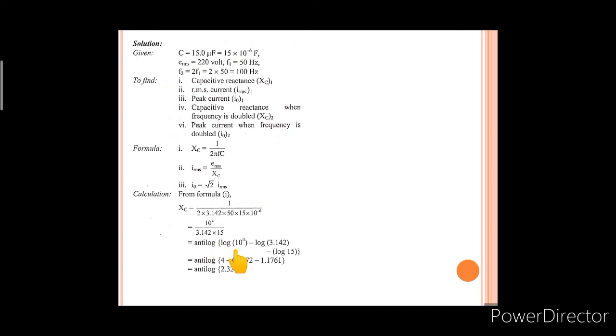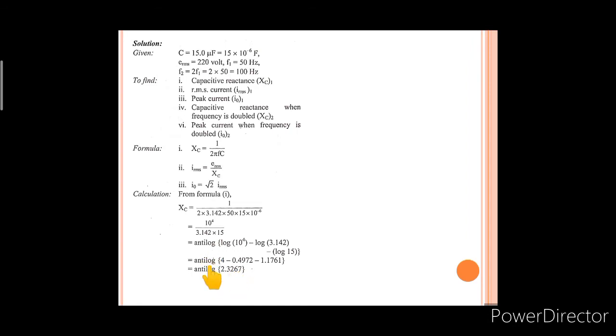The value of log 10^4 is equal to 4. Log 3.142 we get as 0.4972, and log 15 has the value 1.1761. When we calculate this value, we get 2.3267.